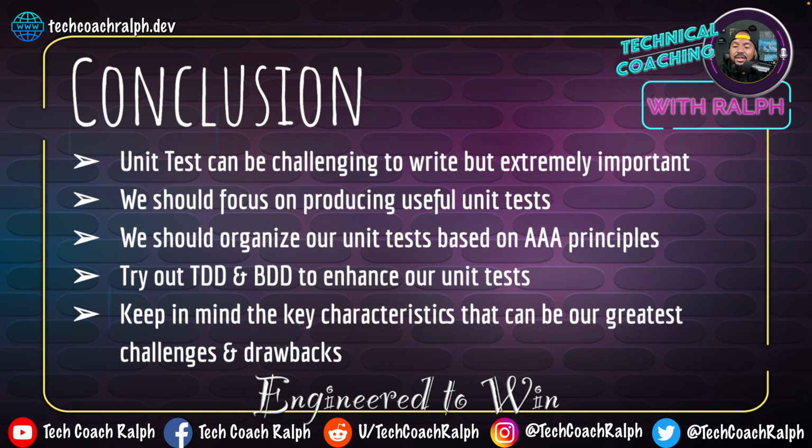And they should still be increasing our code coverage, but they should also be useful. We should organize our unit tests based on the AAA principles: arrange, act, and assert. And I would encourage you to try out BDD and TDD to enhance our unit tests.